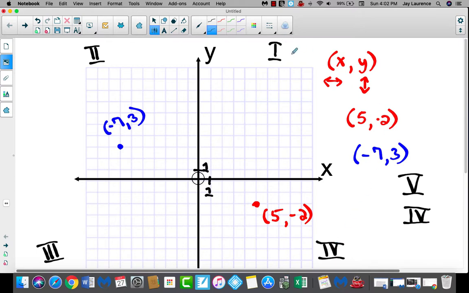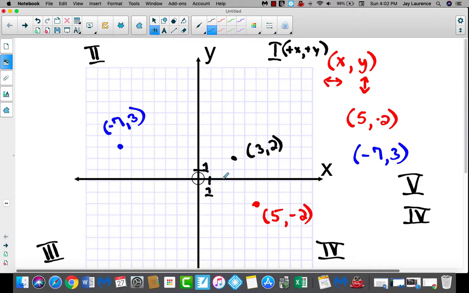Now, when you're here, in quadrant 1, you have a positive x coordinate and a positive y coordinate. So if I was to graph the point 3, 2, 1, 2, 3, 1, 2, it would end up in the first quadrant. Okay, no, it's not the point 2, 3. 2, 3 would be up here, right?